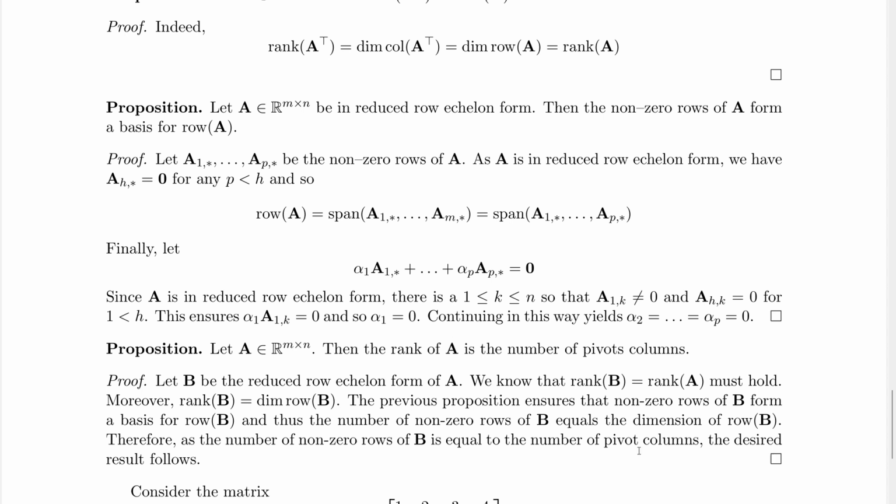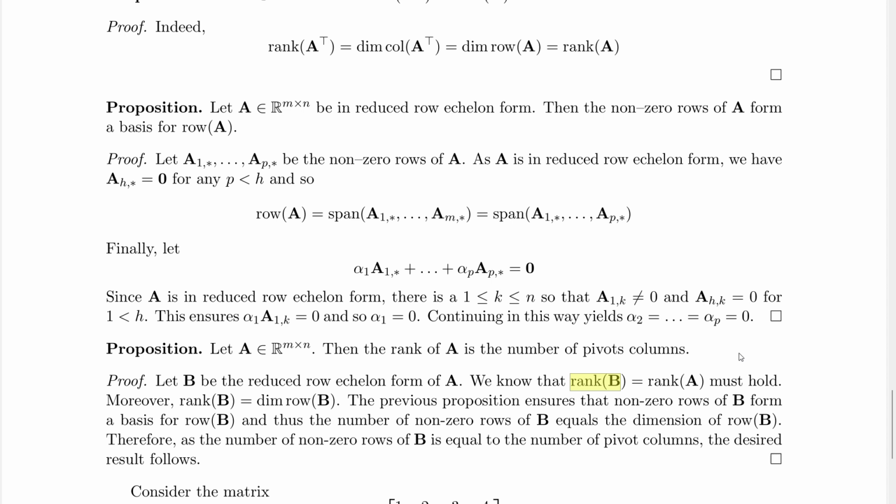We know that row operations don't change rank, so the rank of the REF of A is equal to the original rank. Rank is equal to the dimension of the row space, as we just previously proved. And the previous proposition ensures that the non-zero rows of B are a basis for the row space, so the number of non-zero rows is precisely the dimension of the row space.